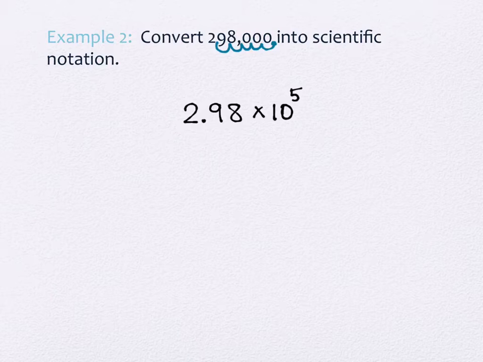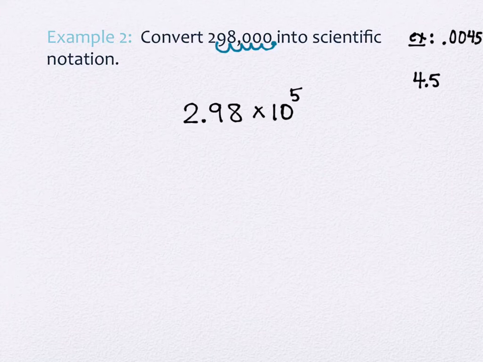Okay? We can do the same thing with a small number. If the number were smaller than 1, it's a small number. So I'll just do a little bitty example over here. In this example, which is 45 10,000ths, where would I put a decimal to make the number between 1 and 10?